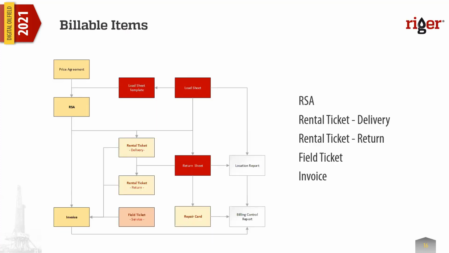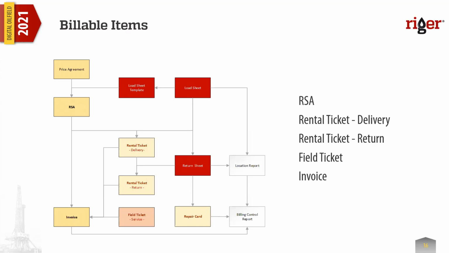And billable items are part of the whole process also, but they will be placed in some of these documents. Billable items start their journey from the rental service agreement, where you set the price for this billable item.